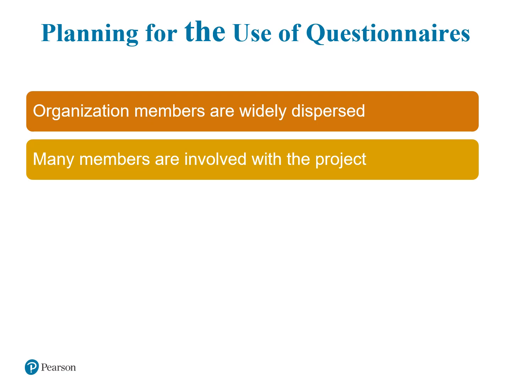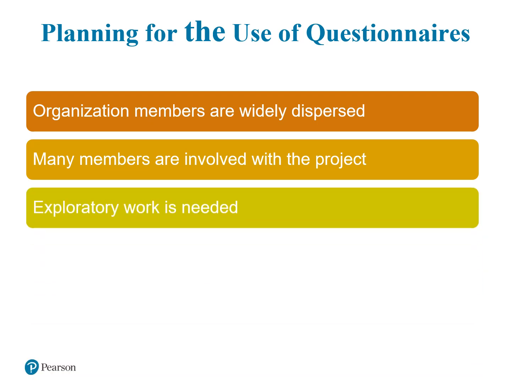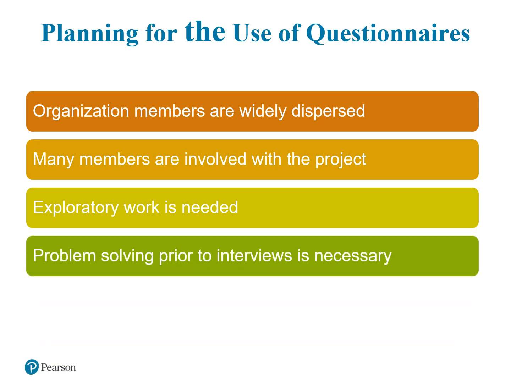And we also use it when we want to do exploratory work for the project, so it is better to start with a questionnaire, and maybe we end up with an interview session for problem solving as necessary, as we explained.